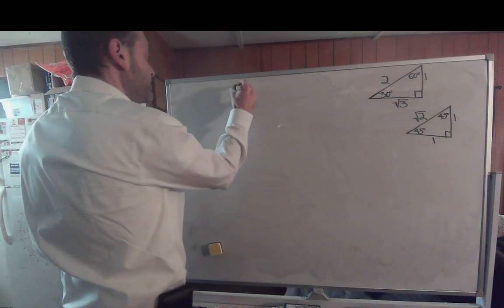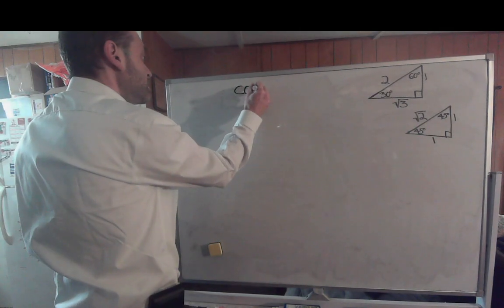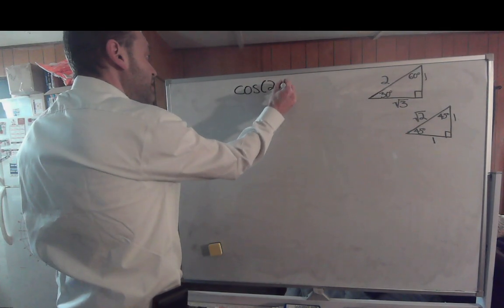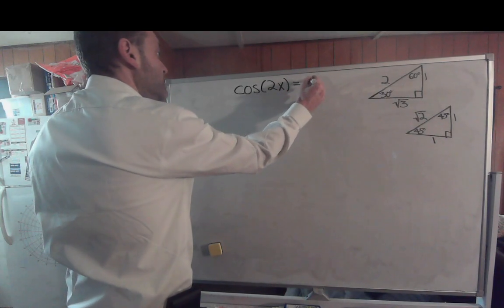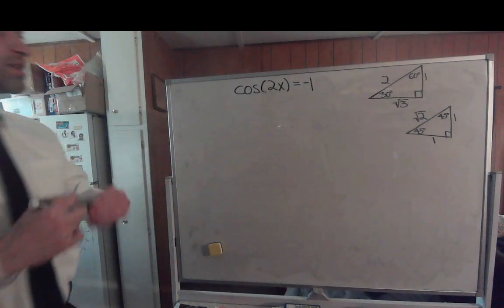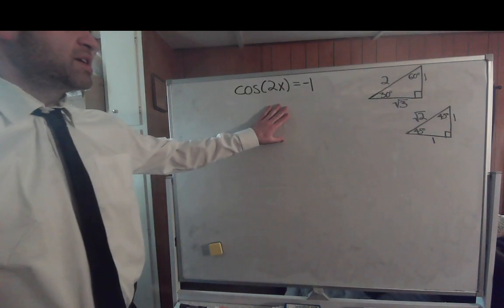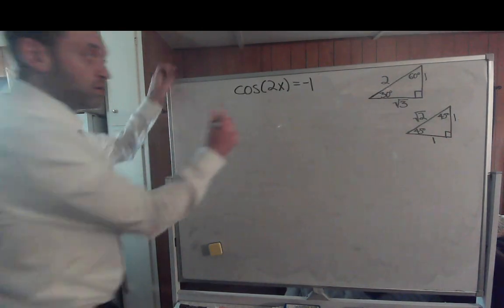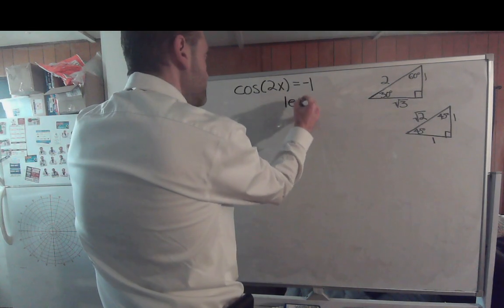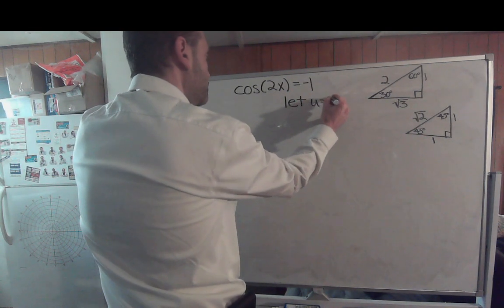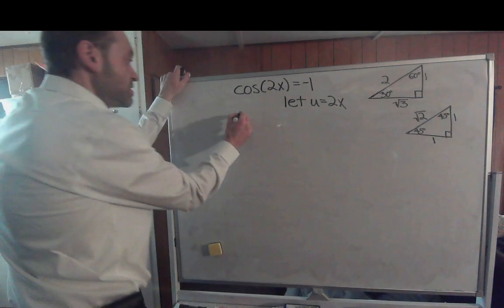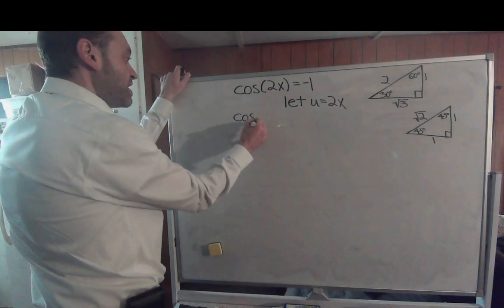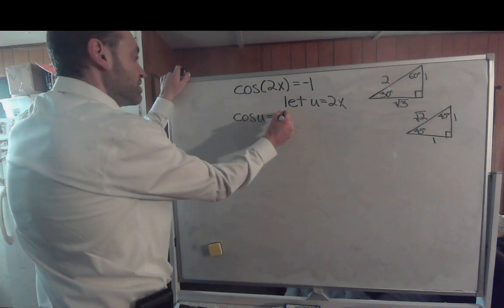I have that the cosine of 2x is equal to negative 1. So that means we'll let u equal 2x. So this will turn into the cosine of u equals negative 1.